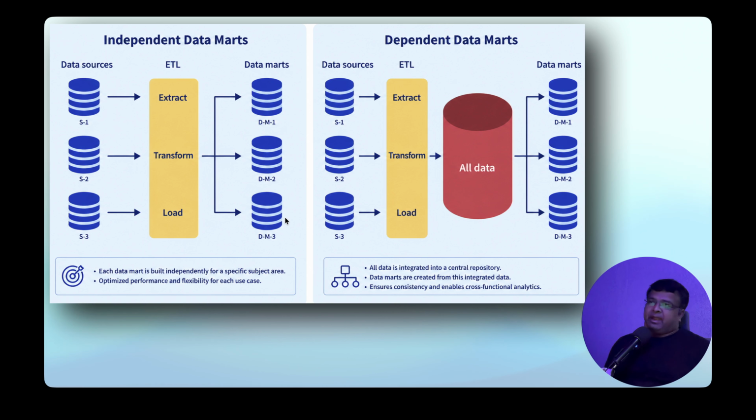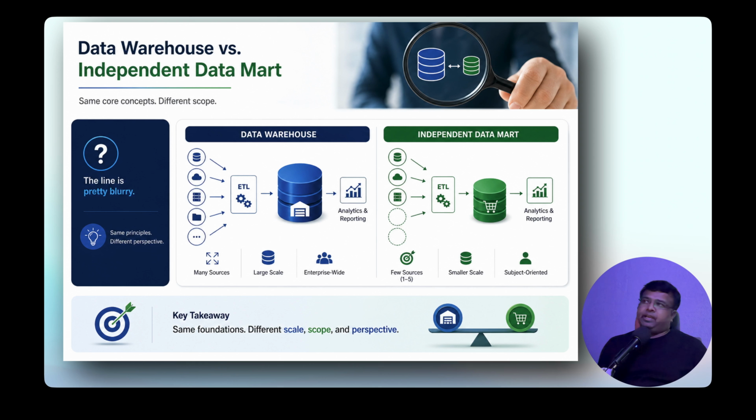At this point, you might wonder what is really the difference between a data warehouse and an independent data mart. And honestly, the line is pretty blurry. A modern data warehouse usually connects to many data sources, maybe dozens or even hundreds. It uses ETL processes to bring all that data together into one centralized environment with massive data volumes.